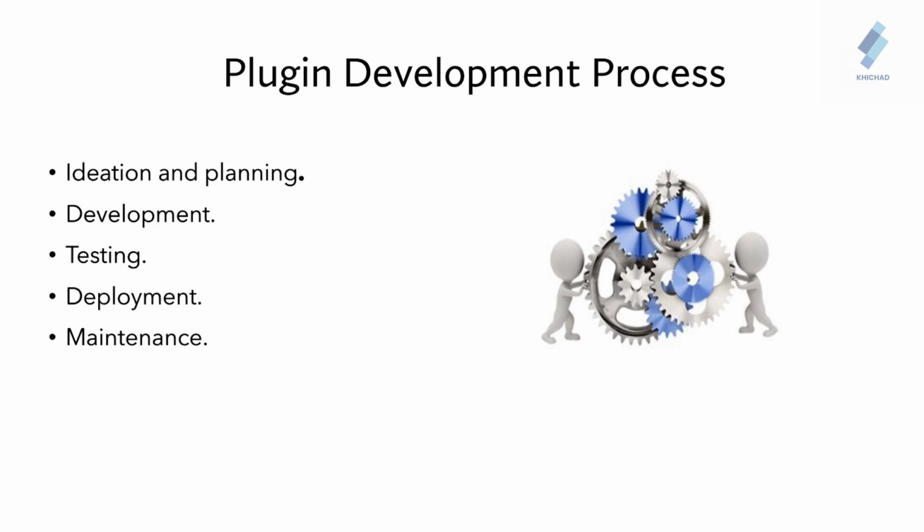Next is testing. Testing involves a regular quality assurance process to identify and address any bugs or issues before deployment, ensuring optimal functionality and user experience. Next is deployment. Deployment involves releasing the plugin to the production environment, making it available for use by end users within the platform.